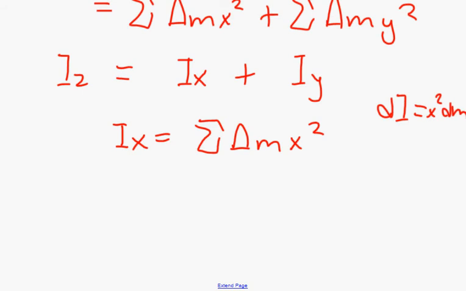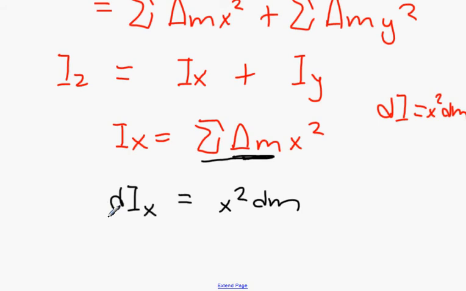You can see instead of talking about I, you're talking about integration of I. So that's going to be dIx equals this sum. See the delta m? Yeah? The delta m changes to a dm. So that's where you get your x squared dm from, because you're changing the deltas to dm's, and if you do that, you're just talking about integrating I.